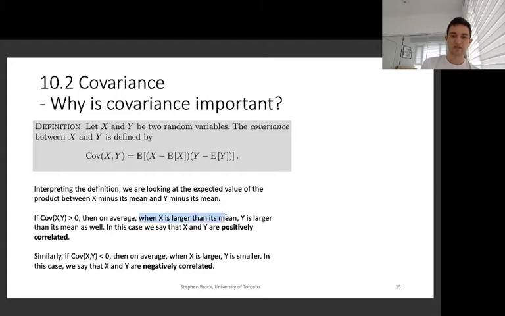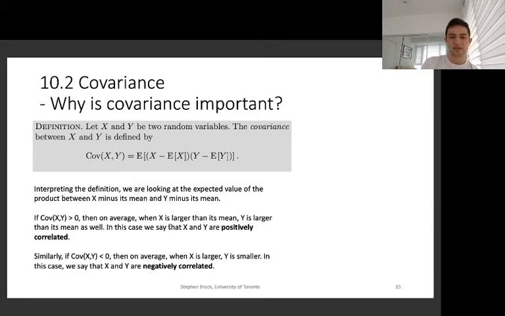So when x is larger than its mean, y is larger than its mean. But what does this also mean? Because if x was less than its mean, right, we would have that x minus the expected value of x is negative. And if y was also less than its mean when x was less than its mean, then we'd have y minus the expected value of y is also negative. So that would become a positive covariance. So another way to interpret this is that when x is less than its mean, y is also less than its mean as well.